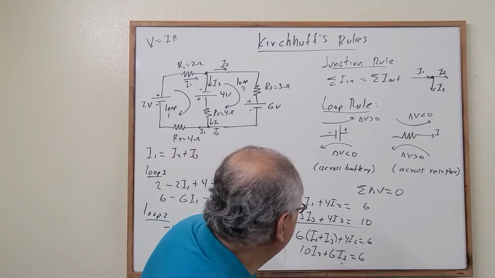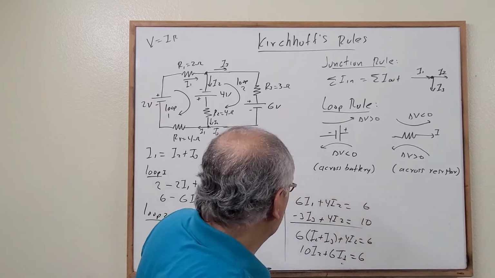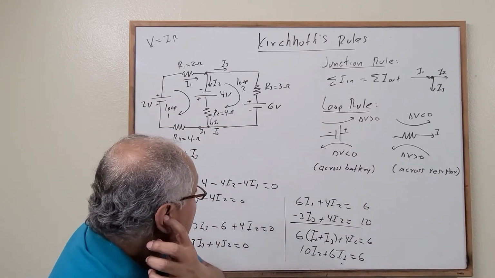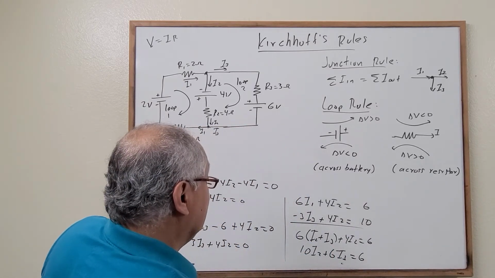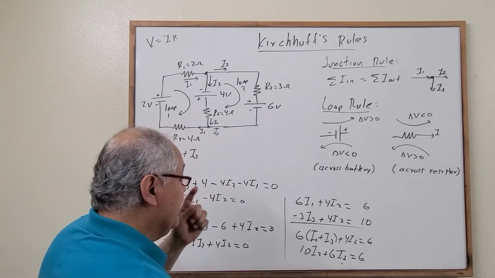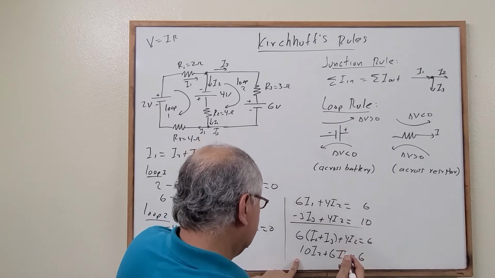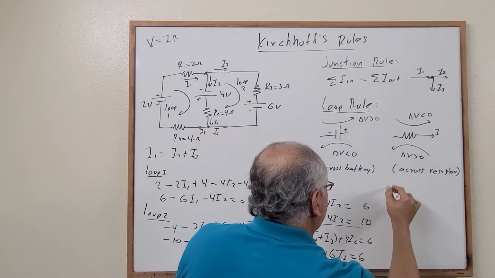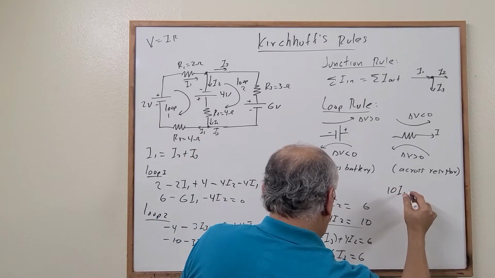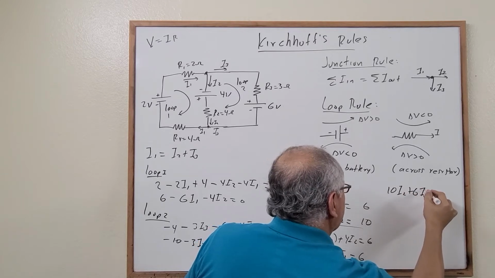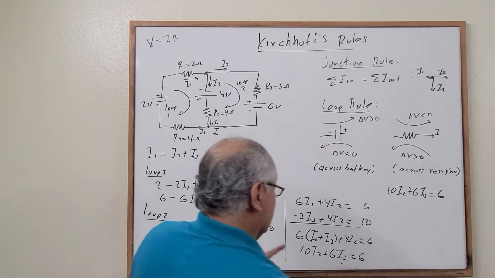Now, what do we have? In this case, we have, look, 2 equations and 2 unknowns, correct? We have then 10 current 2 plus 6 current 3 is equal to 6.